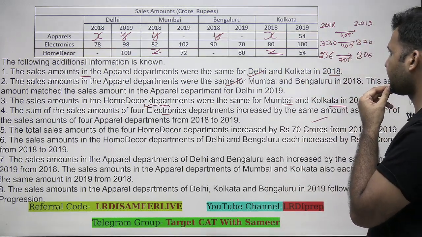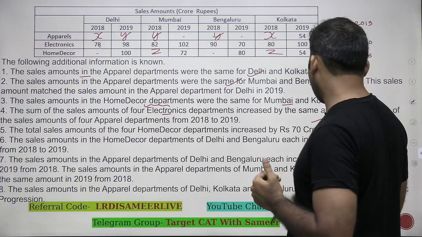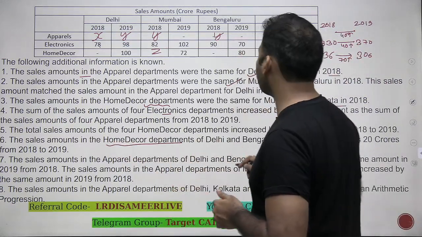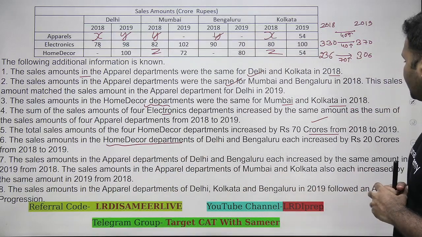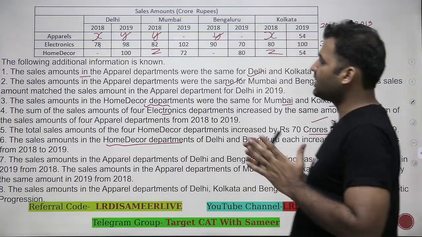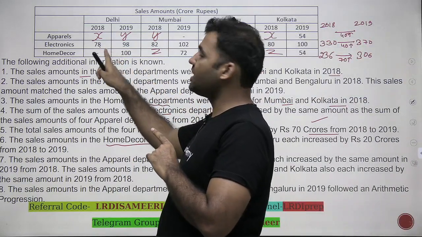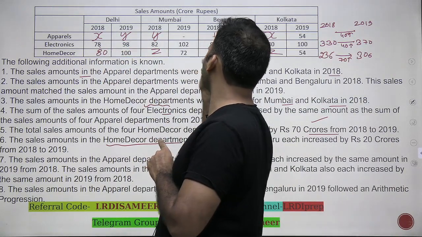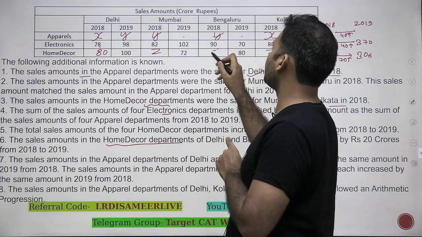All right. Now, what else do we have here? The sale amount in the home decor departments of Delhi and Bangalore each increased by rupees 20 crore. Now you see that the increment here is 20 crore. So if this is 100, subtract 20, this will be 80. Also the increment here is 20, so this would be 60.